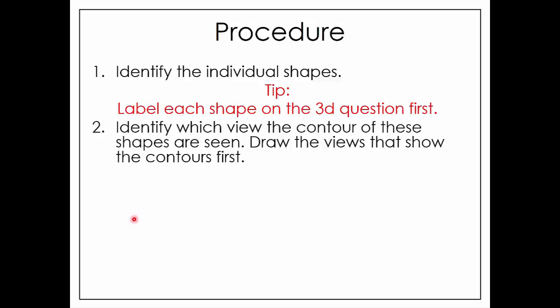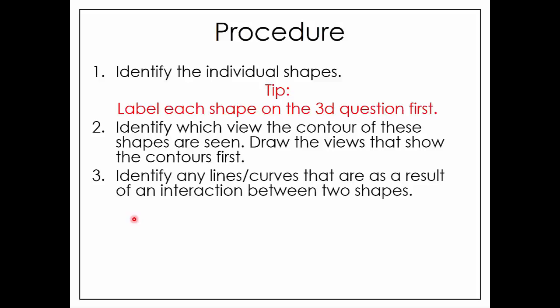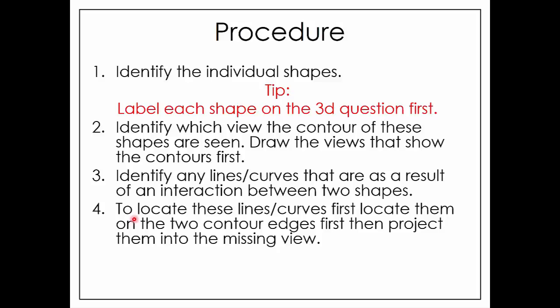Second, work out what view, or where we have to look at the object, to see the contour views of the different shapes. The next thing is to identify any lines or curves that are a result of the interaction of the different shapes. And lastly, to locate these lines or curves, find them on the contour view first, and then bring them into the missing view. And a handy little tip there, as always, if you label up the points, it makes life an awful lot easier. So let's take an example.